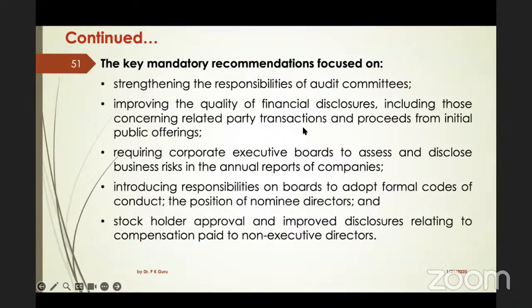Yes, sir. But from a company law point of view, it's a related person, or it could be a parent company and subsidiary company also. Tell me why parent company and subsidiary company will be related party transactions. Sir, I'm just giving one example.